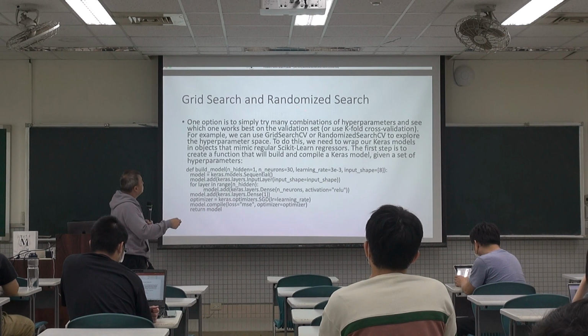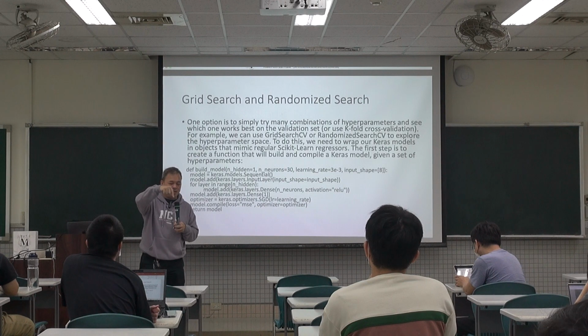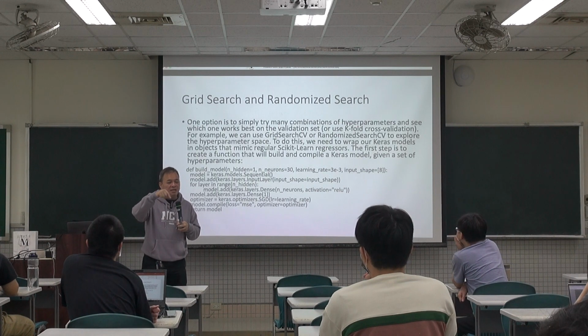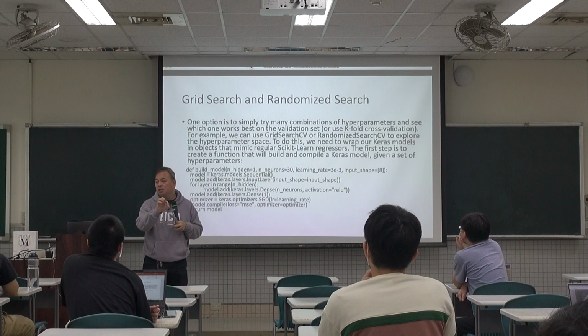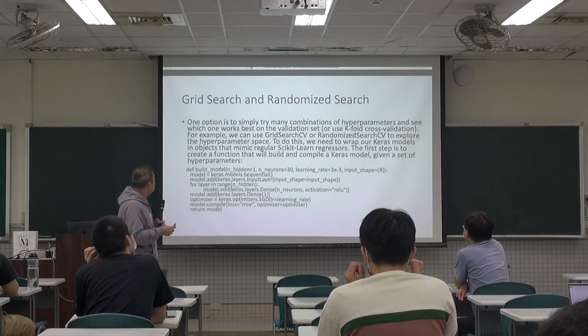Another approach is to use randomized search. With randomized search, you randomly determine a combination, and if that combination gives you a good result, you try to find other combinations near that combination. That's the basic idea of randomized search.